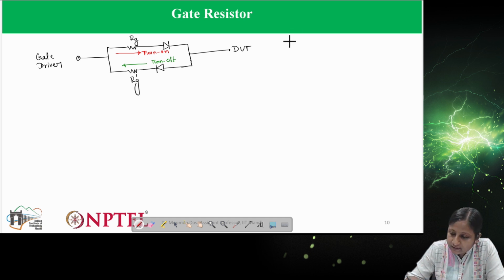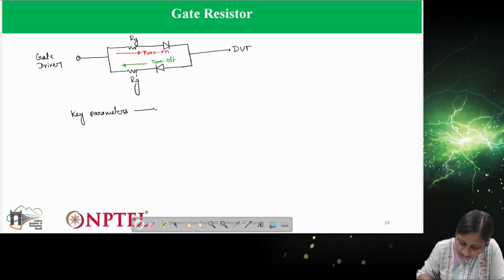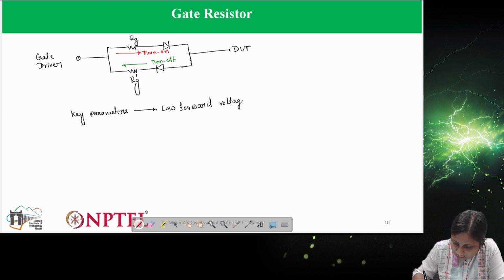The key parameter we need to consider in this diode is that the forward voltage drop is low and it has fast reverse recovery.